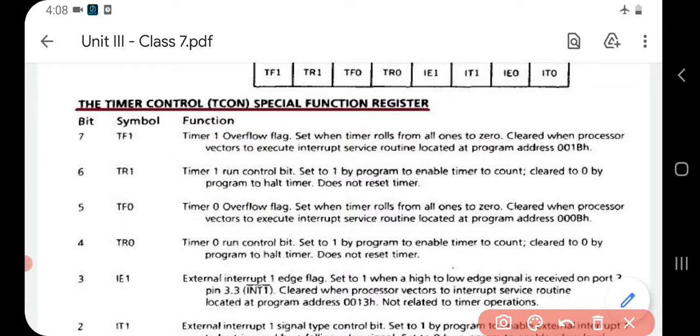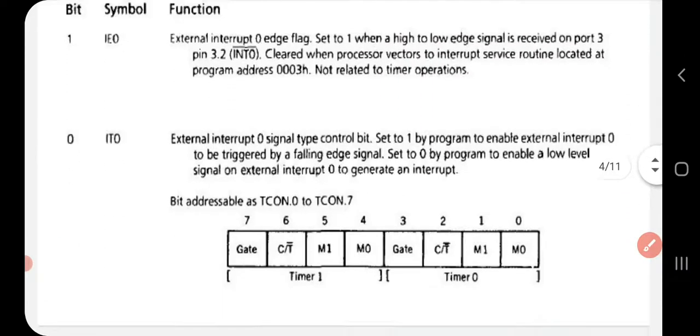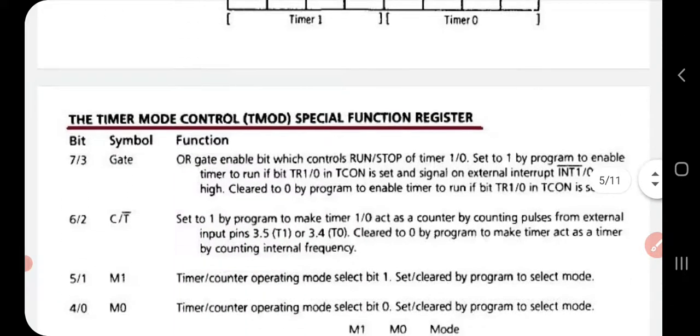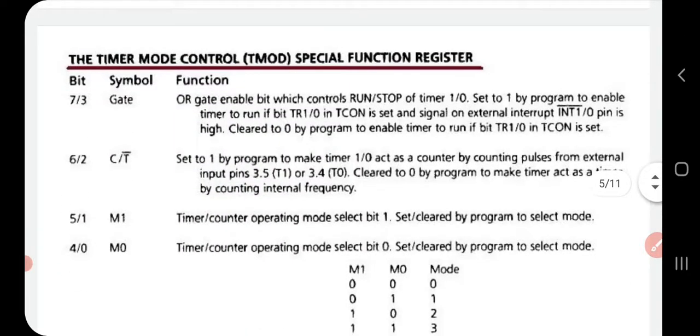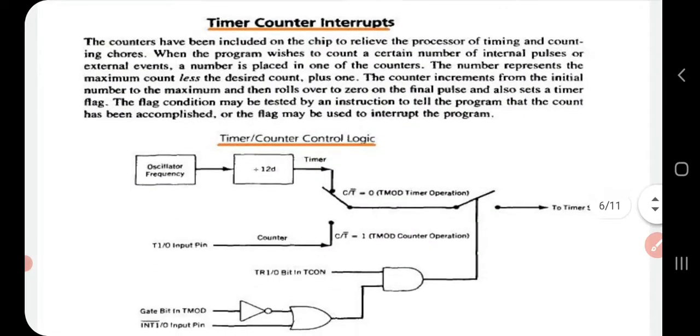Similarly, the bit configuration of the TMOD register is also important. See, this is the TMOD register. I am not explaining each one because each function is written very clearly, so you can just read through. The bit configuration and the explanations of the TCON and TMOD registers are important, and you will have to learn them. Next is timer counter interrupts.